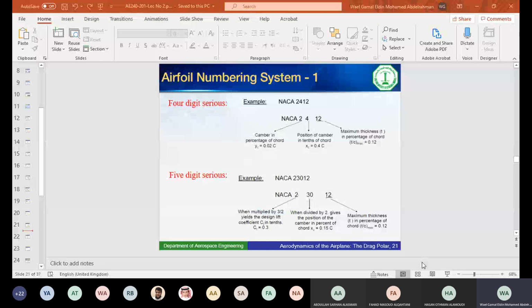Meanwhile, I need you to do the reading for chapter 1 and the part that we covered in chapter 2. So we're going to continue on the aerodynamic summary on Wednesday, inshallah. Let's see if we have a better connection.